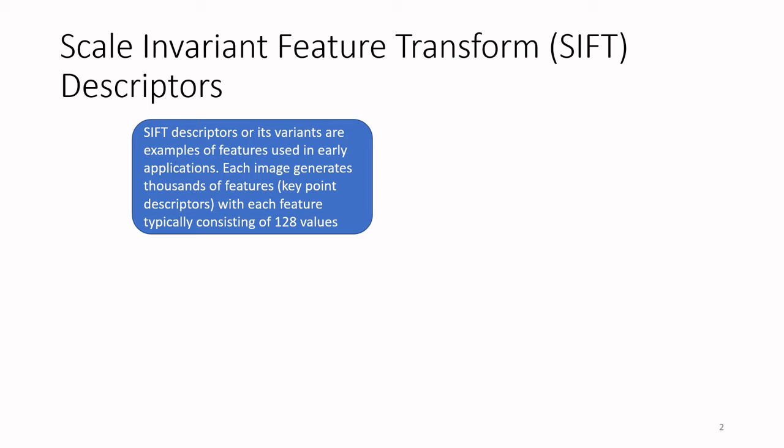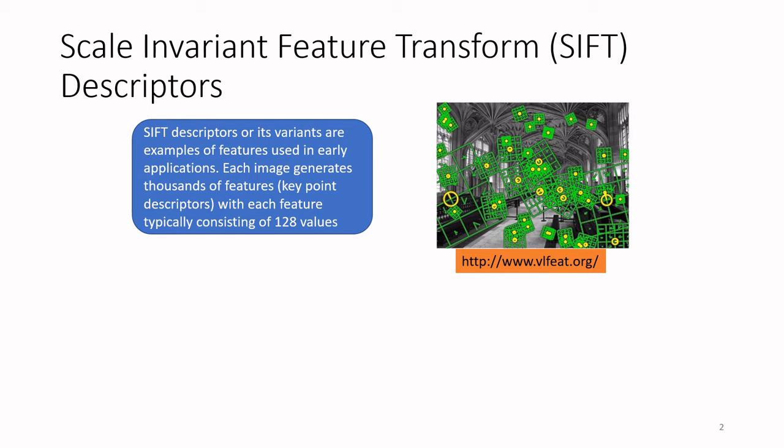There are several variations of them also, and these are good examples of features used in early applications. Each image generates thousands of features. These features are also known as keypoint descriptors, with each feature typically consisting of 128 values.